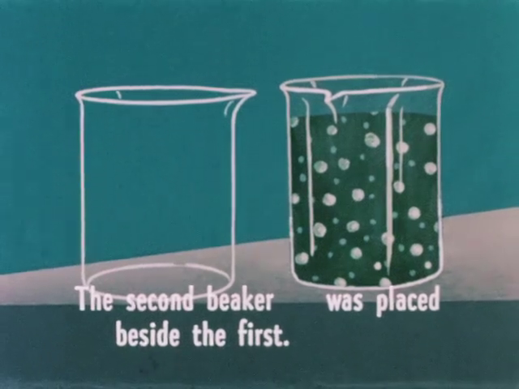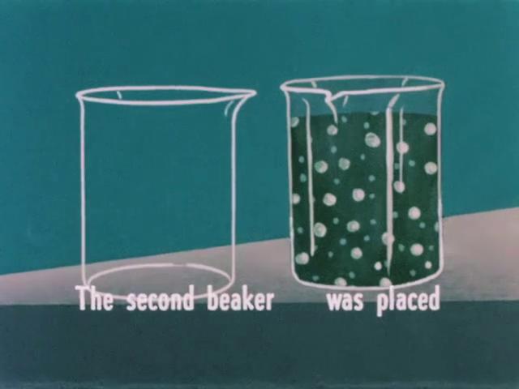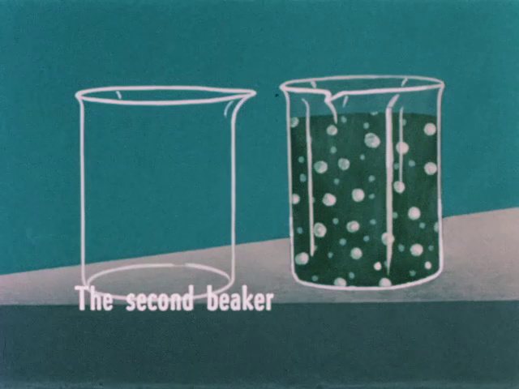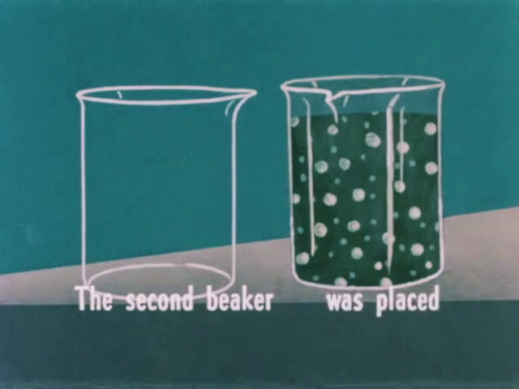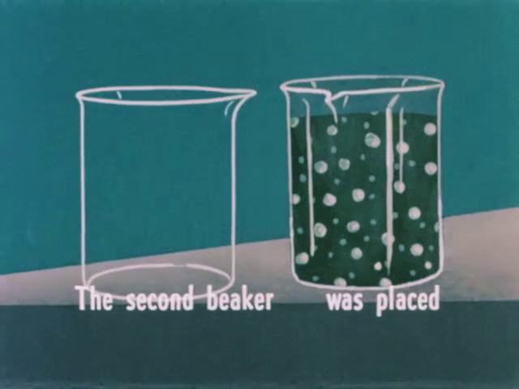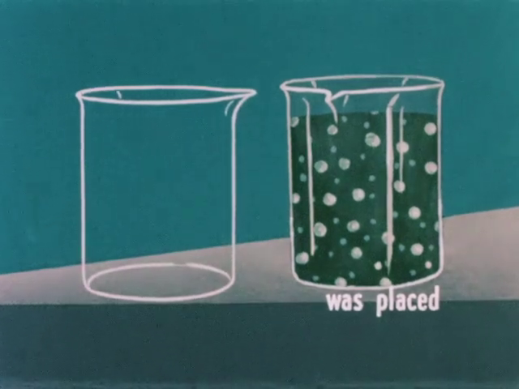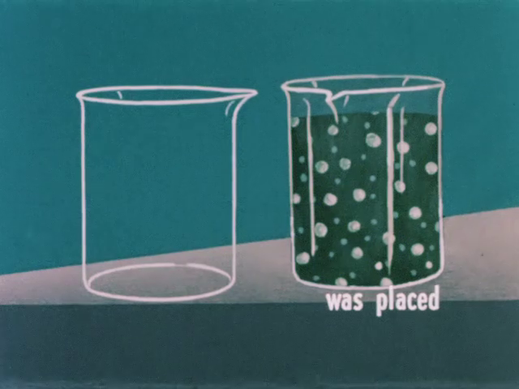No. But the 2 words was placed tell what was done to the subject. What happened to the second beaker? It was placed beside the first. The word was is a helping word. Look at the two words was placed. They are used as a verb in the sentence.